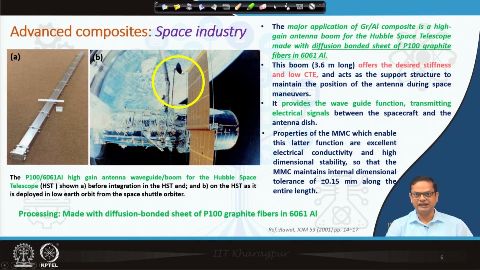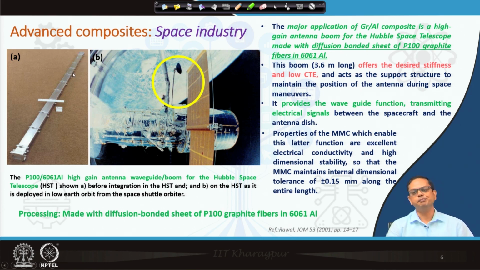That antenna is here, and the antenna is supported by this long, around 4 meter long column. Okay. So, in the better picture you can see here, this kind of slender rod structure.